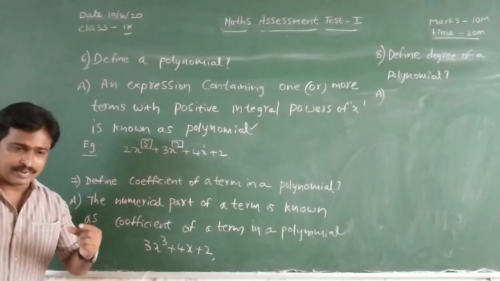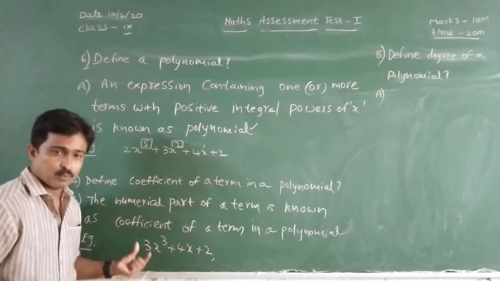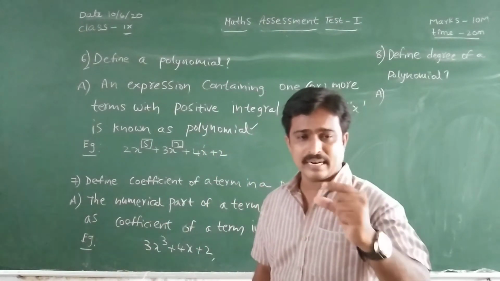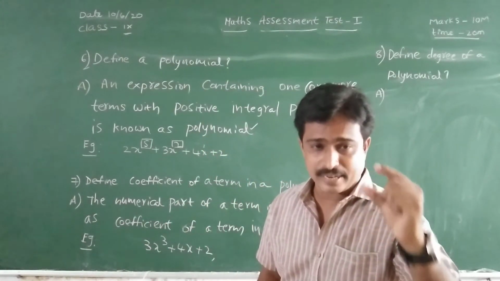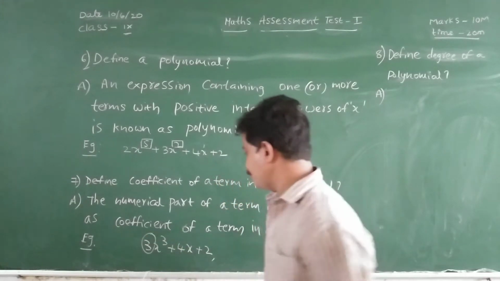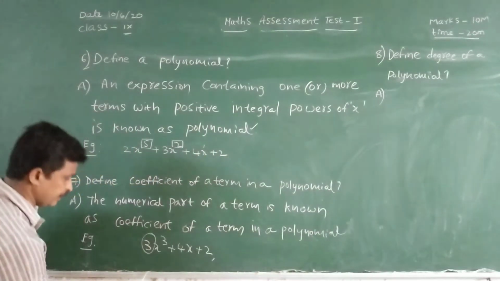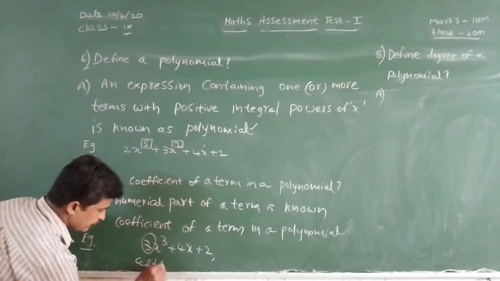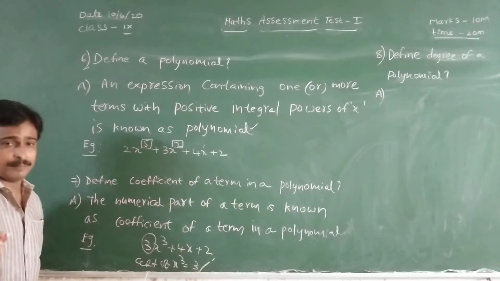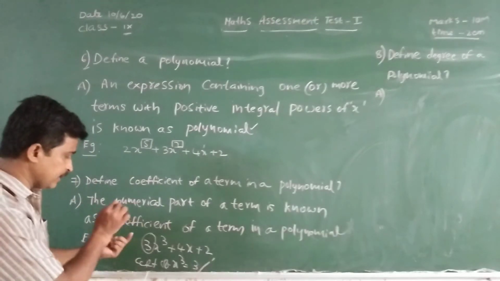Here I want to find the coefficient of x cube. Coefficient of x cube means the numerical part of that term. Here the numerical term is 3. Therefore the coefficient of x cube is equal to 3, the numerical term involved in the particular term.